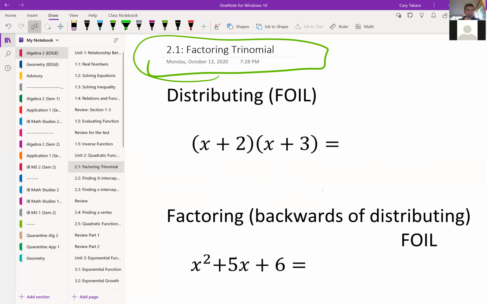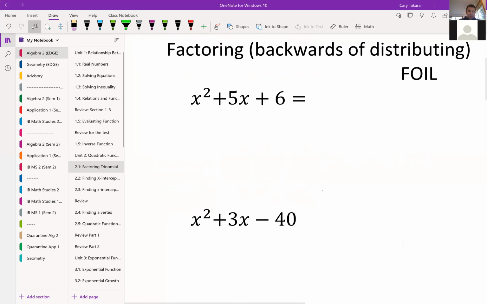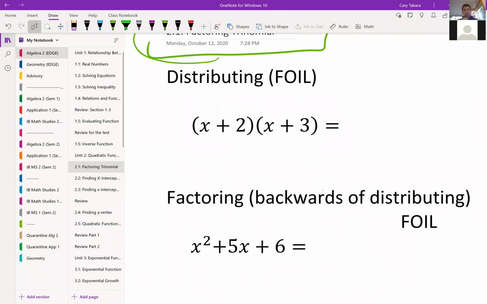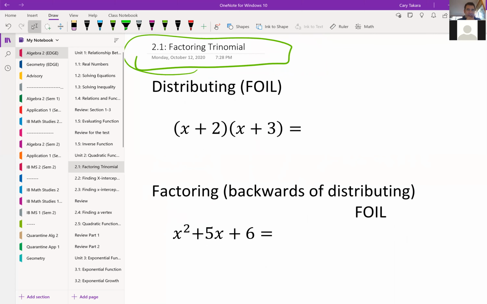These are examples, and assignments are coming up later. But let's practice and learn how to do this, okay? Now, when you learned factoring in Algebra 1, you might have learned a diamond method.